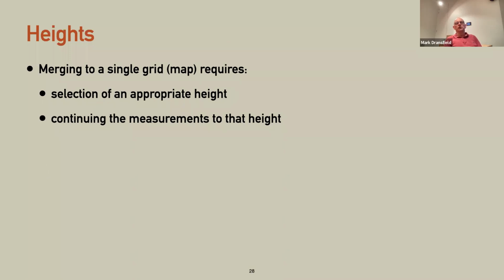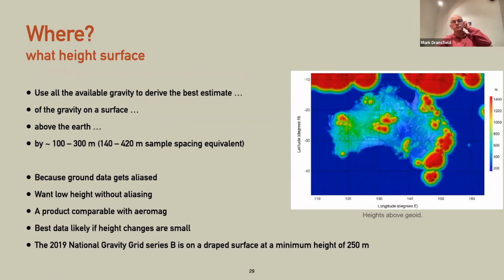There's another aspect, which is the height. So if you're going to merge all the data onto a single grid, you need to choose what height you're going to do that at, and then you have to continue the measurements to that height. So what height should you choose?